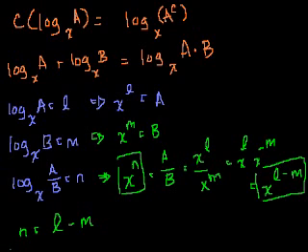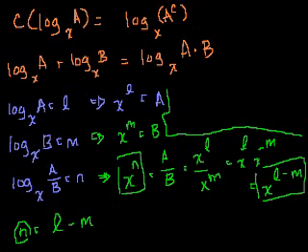Well, what does that do for us? What's another way of writing n? I think we have stumbled upon another logarithm rule. Well, I did it right here. This is another way of writing n, right?